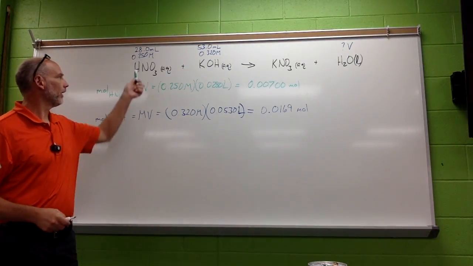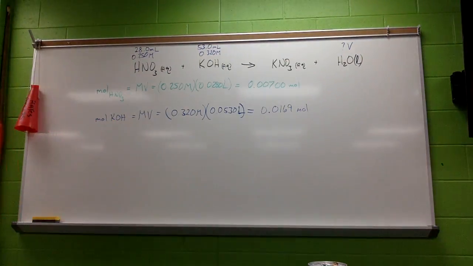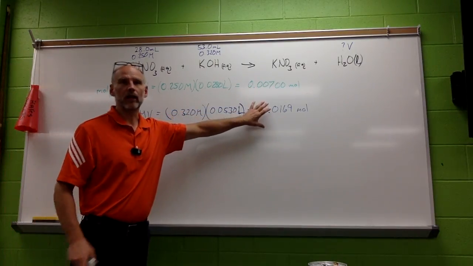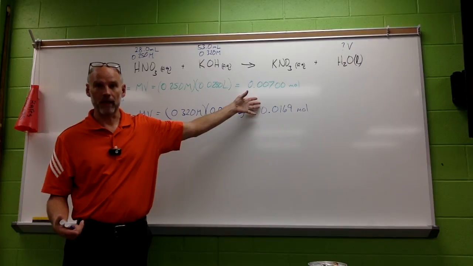Okay, so it is a 1-to-1, and now I'm telling you this right now, on the AP exam, you can get away with this. By saying this, instead of doing the math, you can say, if you've calculated the moles of these things, they would need to see evidence of that.